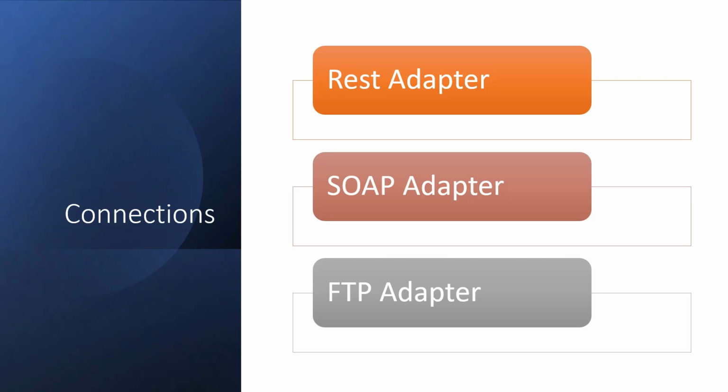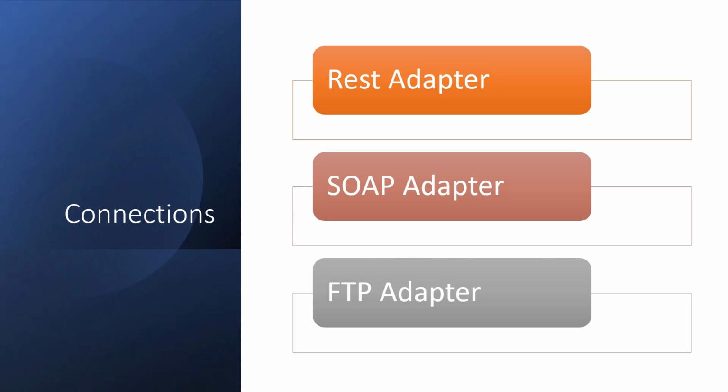So we have a REST adapter. I'm going to show you how to create the REST adapter, but the SOAP adapter and FTP adapter I've already shown you in my previous videos. So take a look at that. I'll leave a link to those videos in the description of the video, and you can probably see it in the cards of the video.